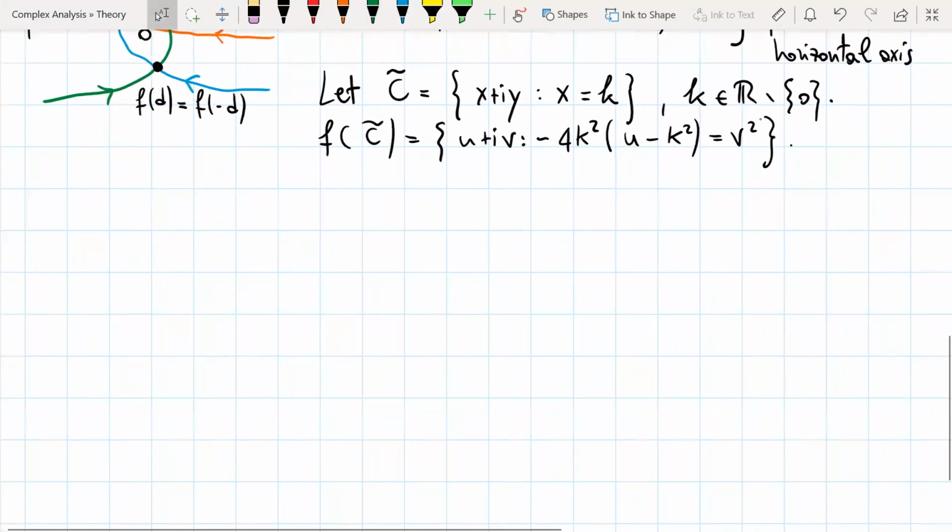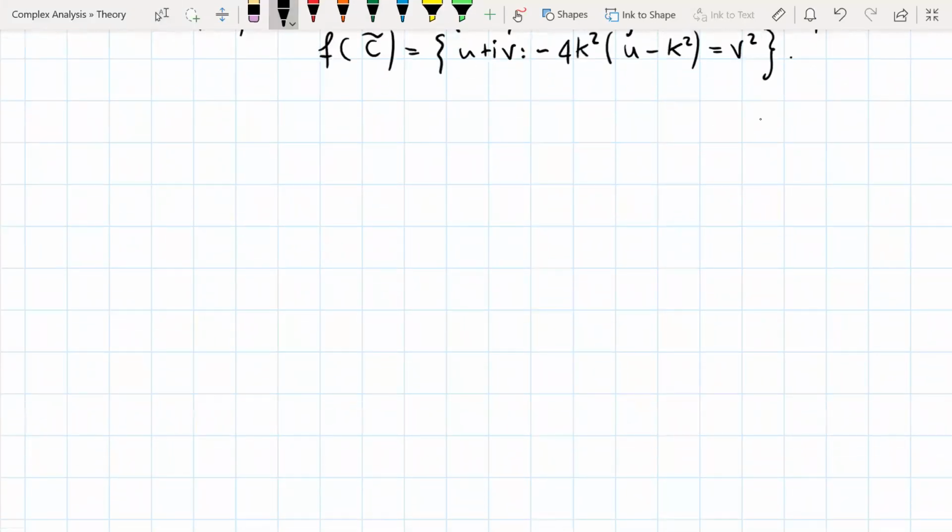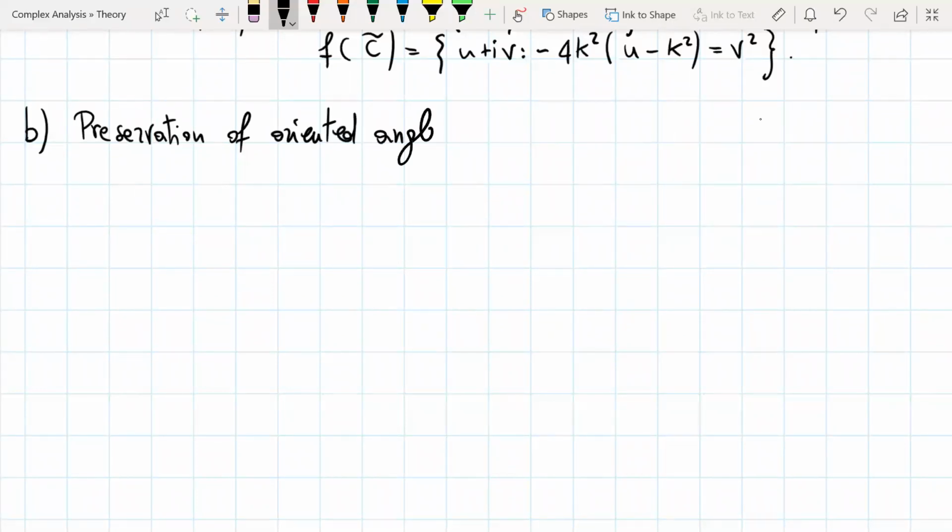So we have now part B. This is the preservation of oriented angles. So let me define what is the oriented angle between two vectors first. So two points in the plane which are non-zero.